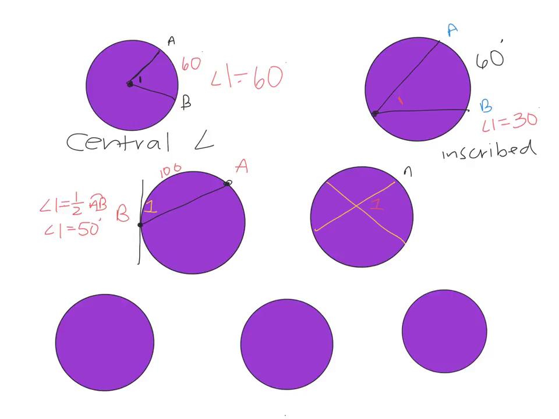Okay, then we had the little floating angle. This is an angle in which its vertex is not on the circle and not in the center. How do I find these? Good. Arc it intercepts plus the arc its vertical angle intercepts divided by 2. So let's say this was 60 and this was 40.